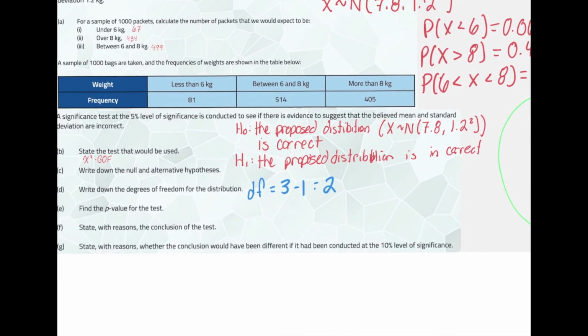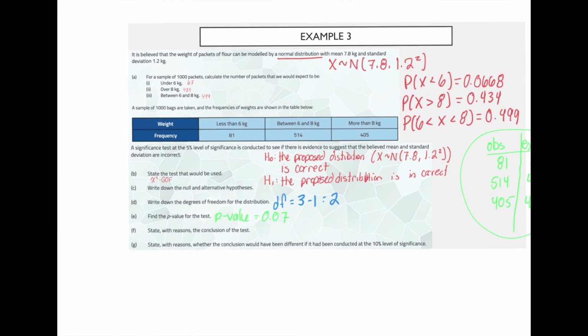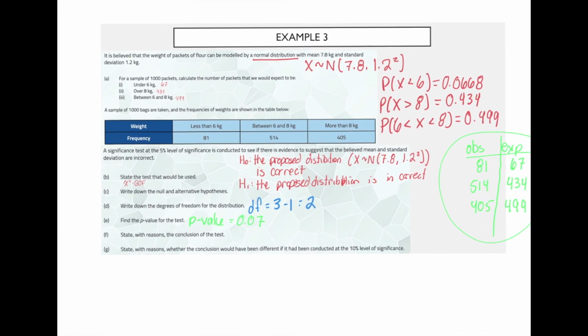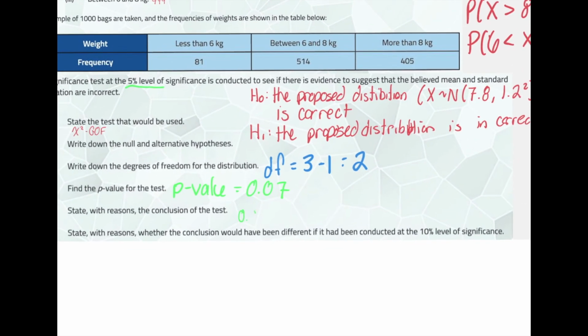Your GDC is going to be able to give you the result, so please pause this video at this point, try it out, and then you should be getting a p-value of 0.07. Okay, so since we have a p-value of 0.07 and we were doing a 5% level of significance, we realize that our p-value is bigger than our level of significance.